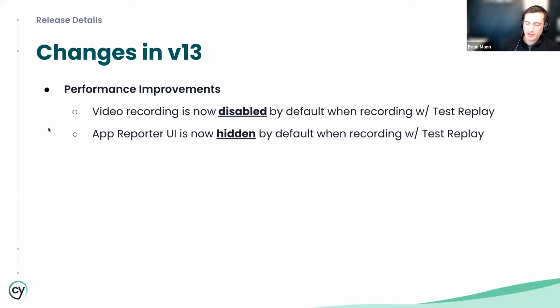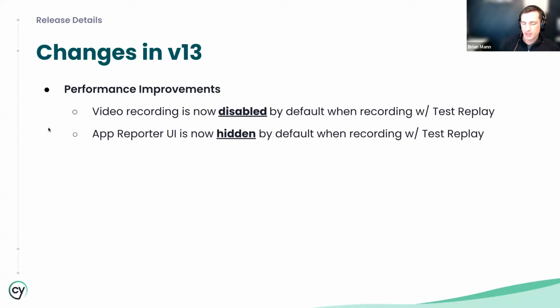Video recording, if you have a beefy enough machine with enough resources, it still influences the run, but if you have an underpowered machine, it falls over, it completely melts down. And now that we're utilizing Test Replay, which is effectively a high fidelity debugging experience, that really crushes the need to do video recording.